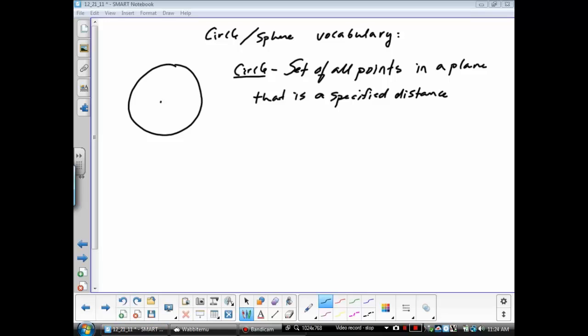That distance is your radius, from a single point, which is the center.